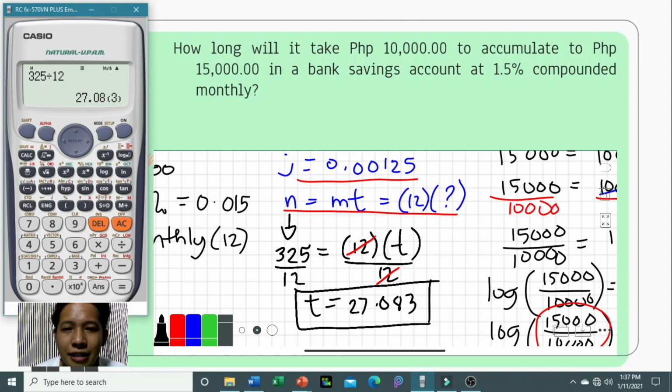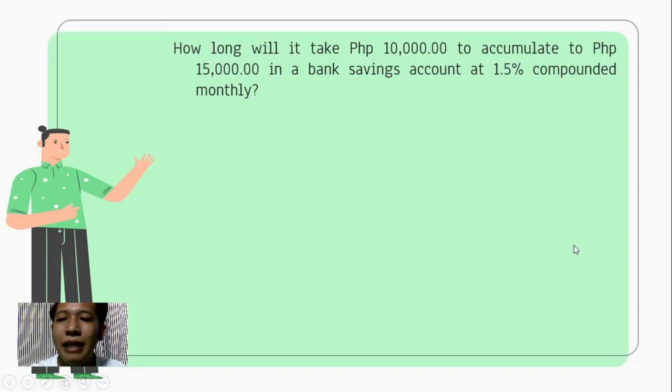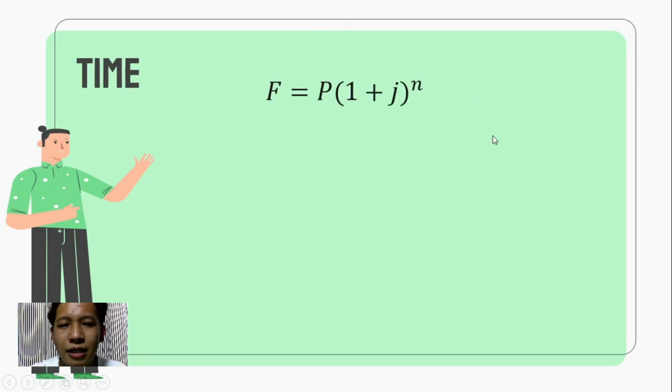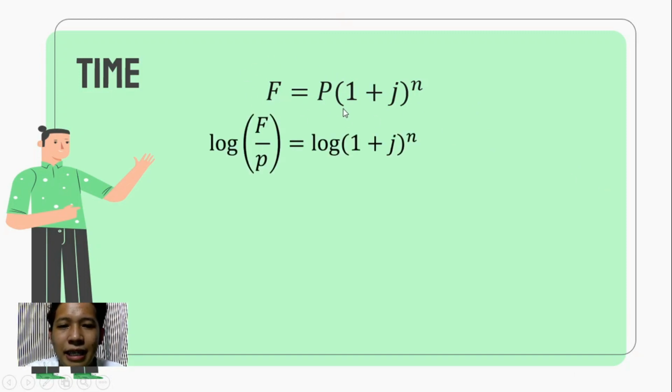Okay po? So, we'll be having the formula in getting the time for a compound interest, given that it is compounded more than once a year, in which nanggaling siya dito sa formula natin, and ang mangyayari is to divide both sides by p, kaya magiging f over p ito, and then we applied the laws of logarithm.